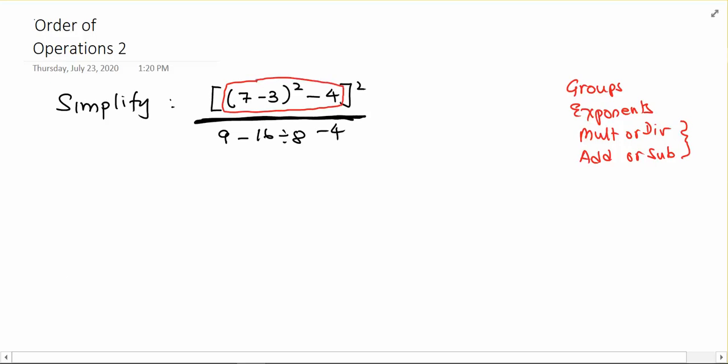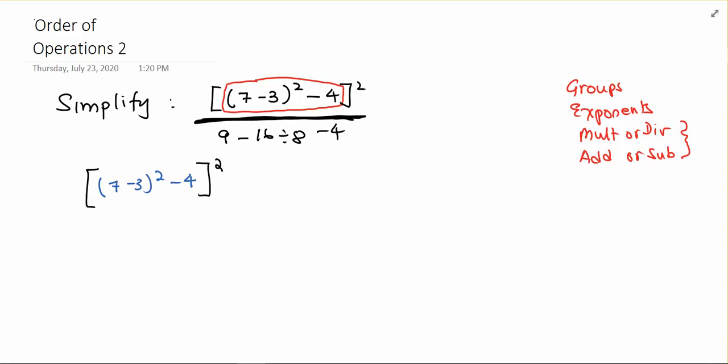So what I'm going to do here is simplify this numerator, and when I look at the numerator I see that it has a group within itself. So that's what I'm going to simplify first. The whole numerator part was this right there, but inside that group is this other group, 7 minus 3 squared minus 4.